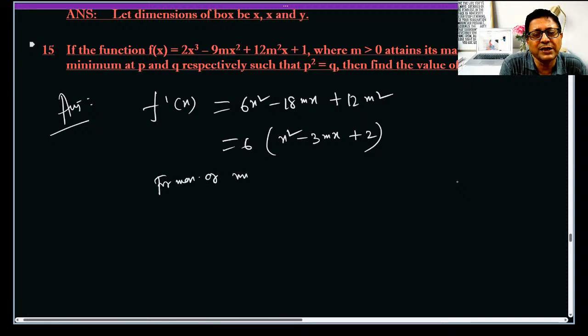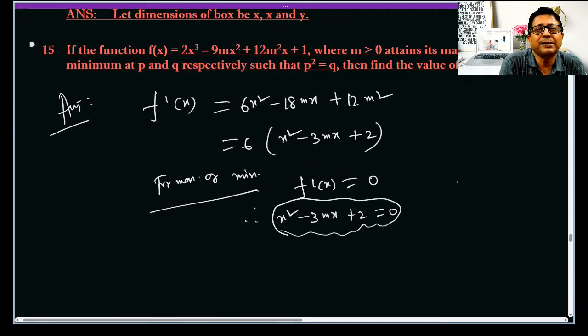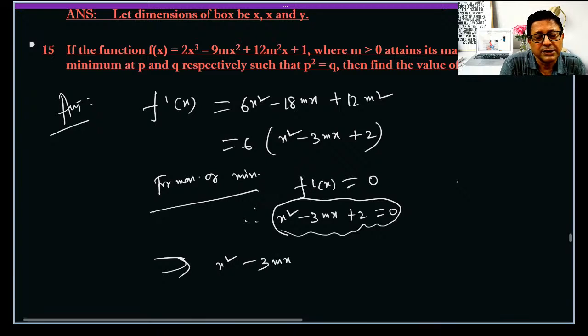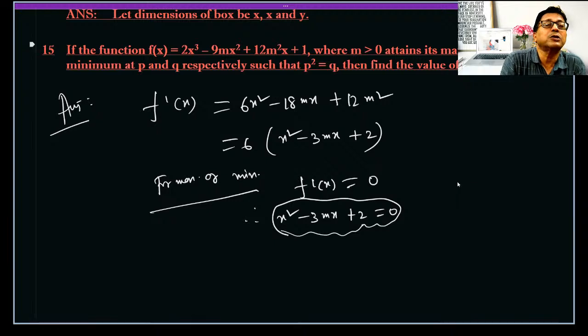For maximum or minimum, what will happen? F dash takes should be 0. Minus 3mx plus 2 equal to 0. Now, by solving this equation only, you will get x equal to P and x equal to Q. So, this implies P and Q are the roots of this equation.